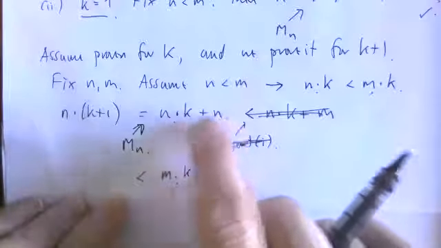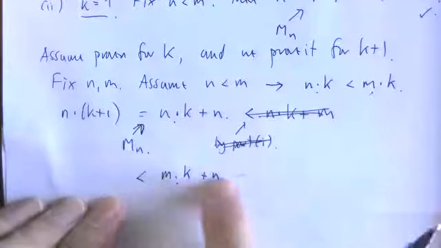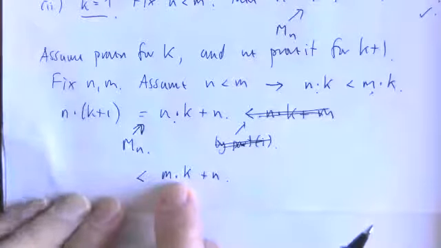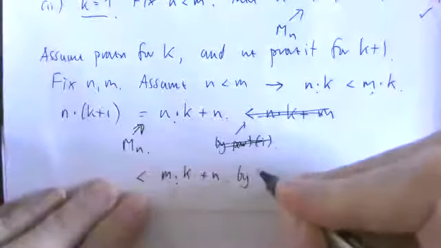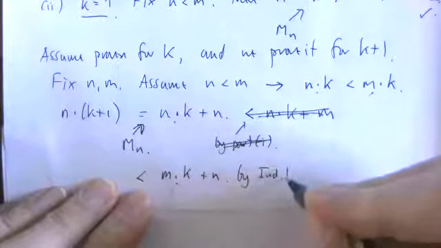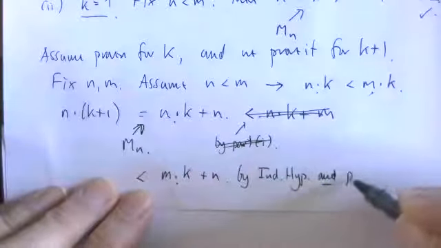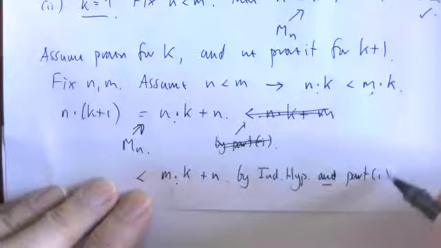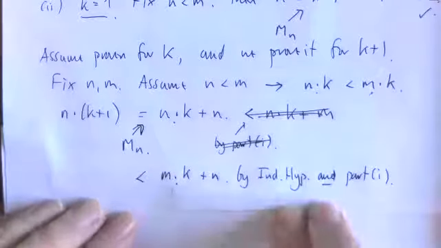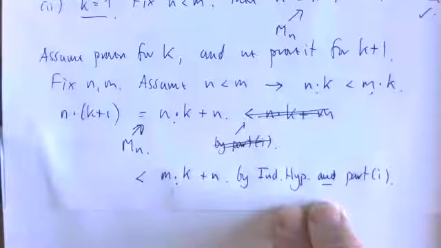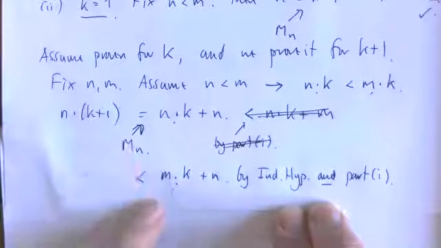Well, here I'm adding n onto this, and it's less than n onto this. So I'm using the inductive hypothesis and part one, in part one replacing n and m by n times k and m times k.